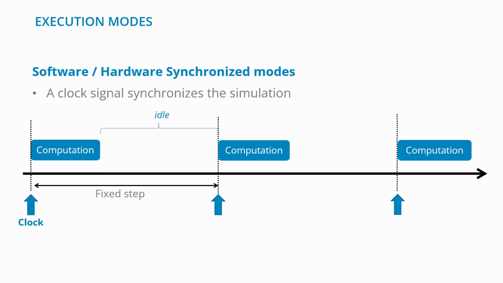In software synchronized mode, after calculating for 0.5 millisecond, the target simply waits for the rest of the 1 millisecond time step to elapse before proceeding to the next iteration. This idle time is, in a sense, a waste of computational power because the target is doing nothing during that time.